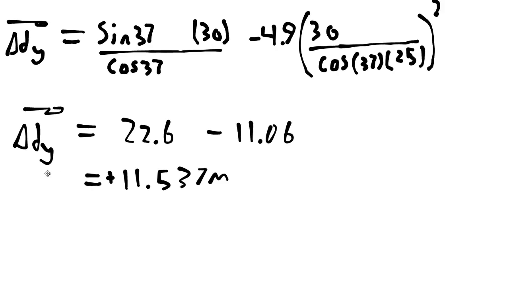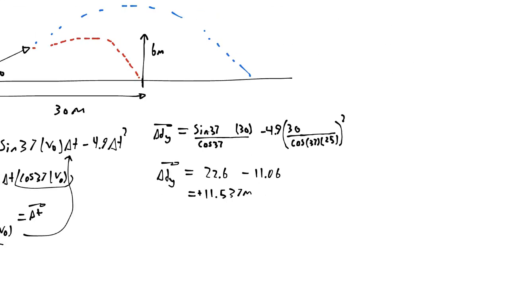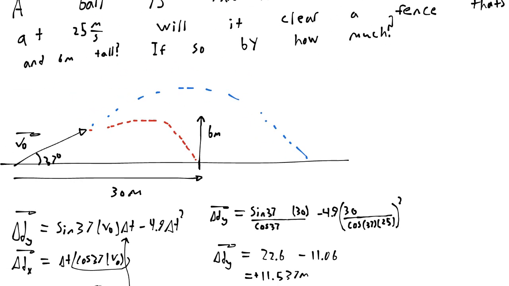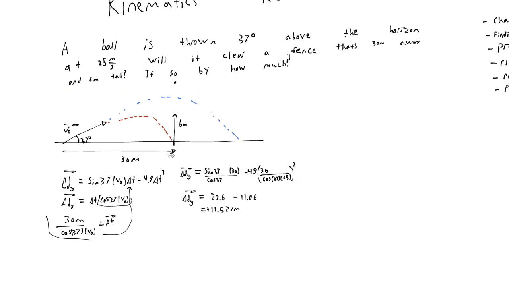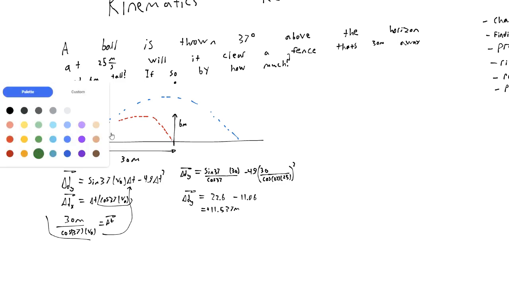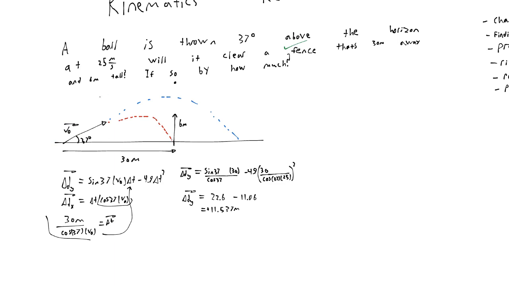Of course, it's positive as well. So that means at the 30 meter point, it's this high up, so it definitely crossed it. We'll say, yes, it crossed it. Check mark. Will it clear the fence? Yes.